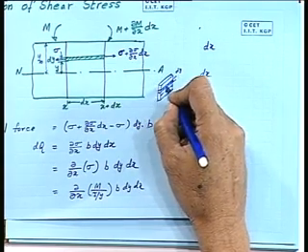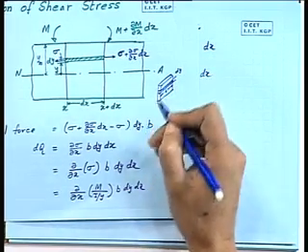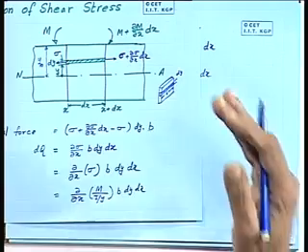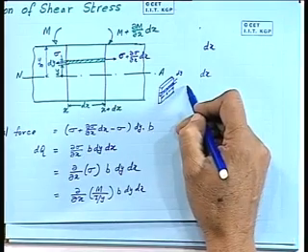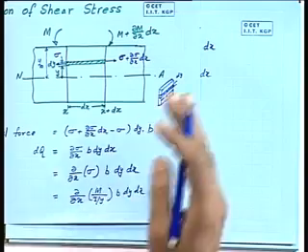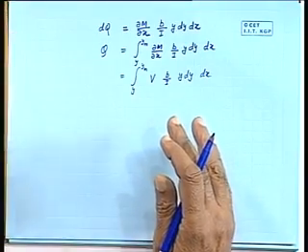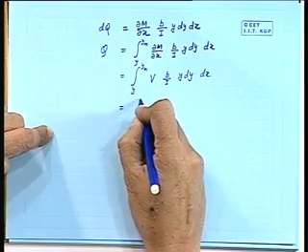Okay. So, this is the meaning of this b into dy, but what is b into dy into y? It is the first moment of this area about the neutral axis, and that I am integrating right up to the maximum. So, that means the first moment of the area of the cross section from y to y max. So, I put it in this fashion.